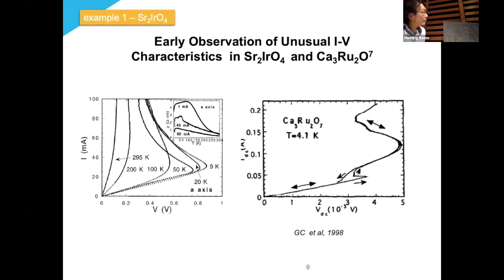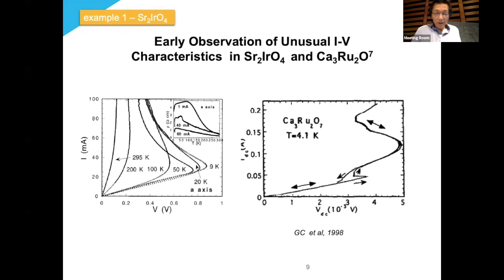One thing that was very puzzling, and still is puzzling, is that these materials tend to show very unusual IV curves. For instance, this strontium 2 ruthenium 04 shows these very unusual IV curves. Similarly, calcium 3 ruthenium 2 0 7 is also showing this type of behavior. So it was very puzzling why things are like this.